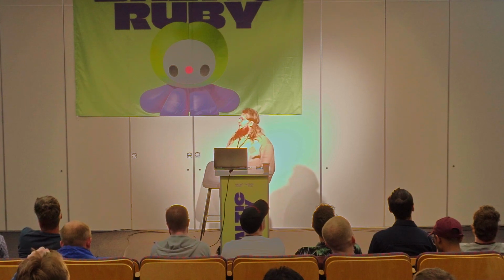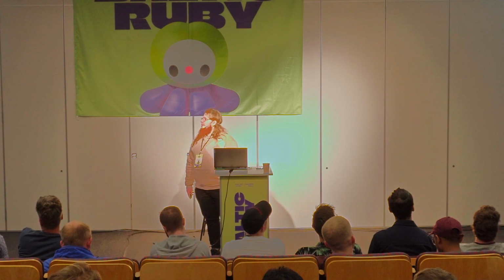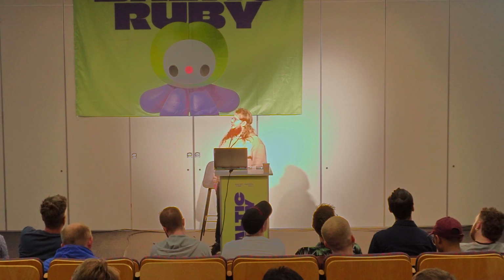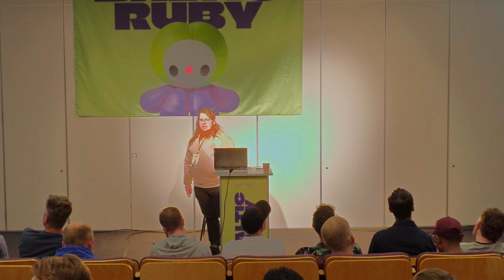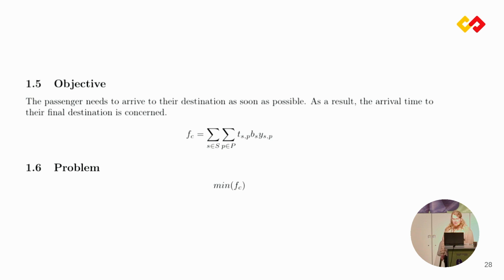And our main goal is to minimize the time when the passenger arrives at the final stop. So we just care about the arrival time of the vehicles, and we are selecting the vehicle that is arriving at the final stop and that is selected by our passenger.